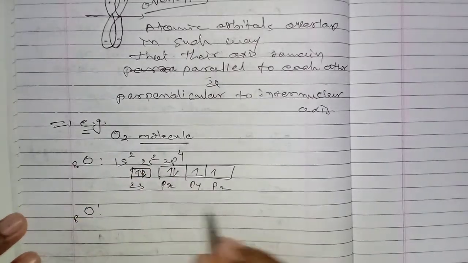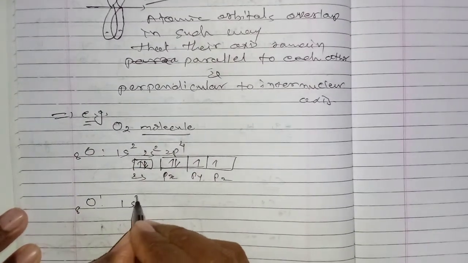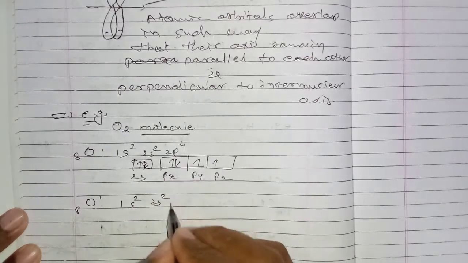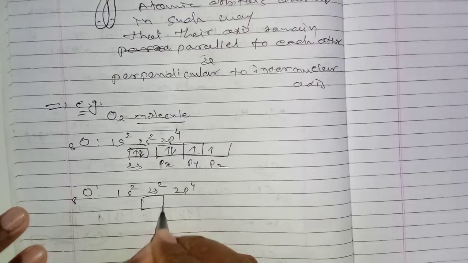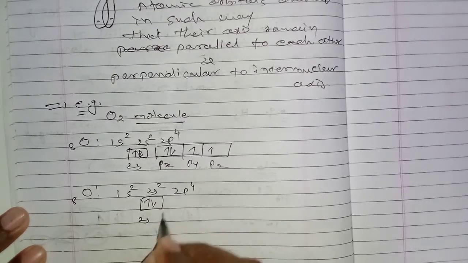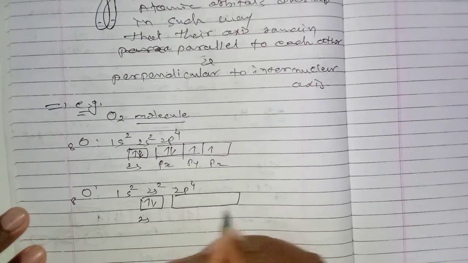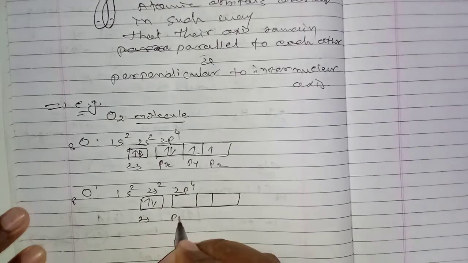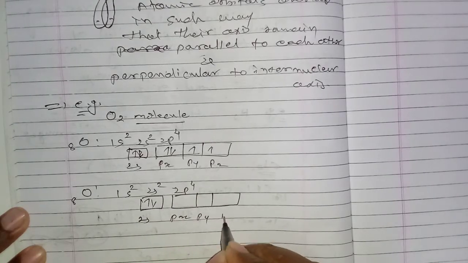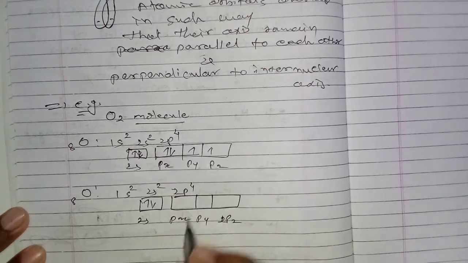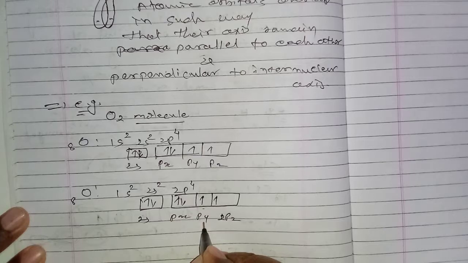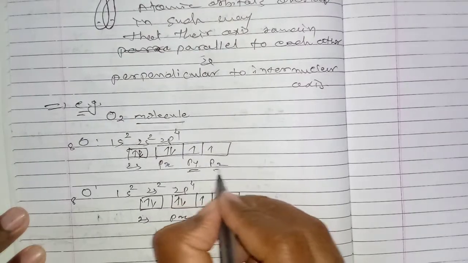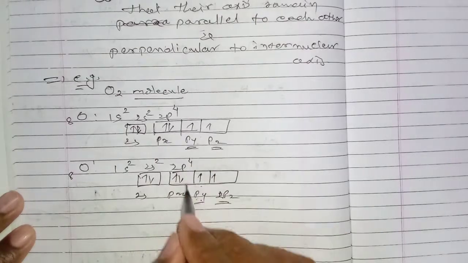The second oxygen atom has the same kind of electronic configuration. In the 2s orbital there are 2 electrons. In the 2p orbitals, px is completely filled, and py and pz are half filled orbitals.